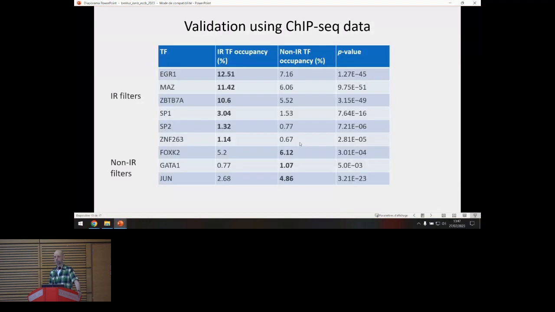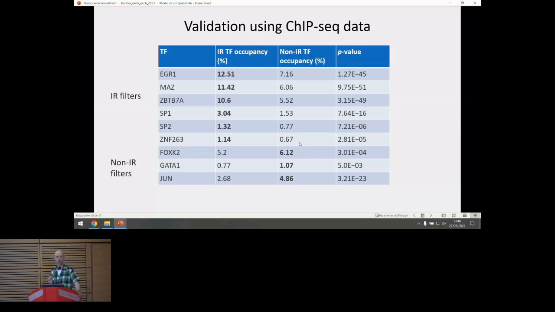We of course wanted to validate some of our predictions. These are some of the transcription factors that our method picked, with a focus on the zinc finger ones.